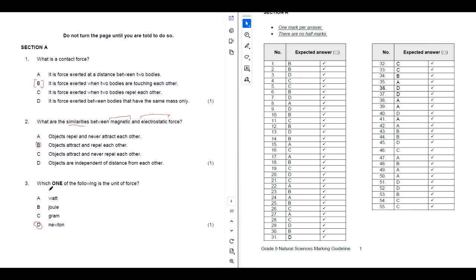Here we were asked to state which one of the following is a unit of force, and we know that the unit of force is Newton.